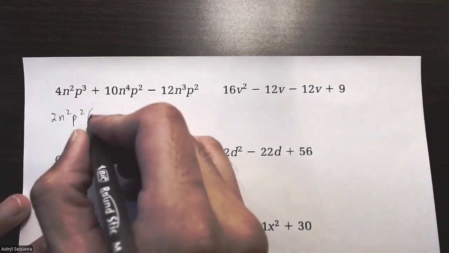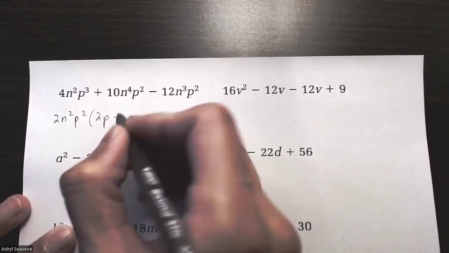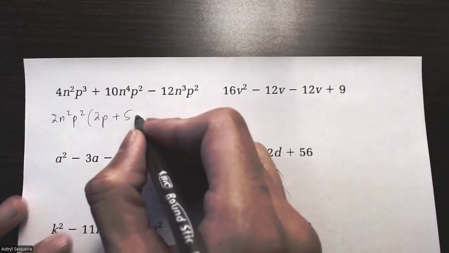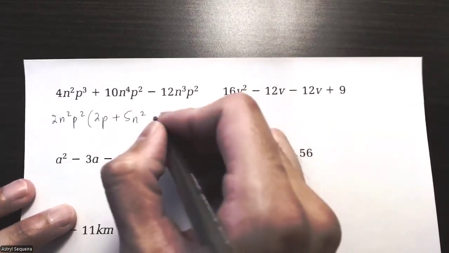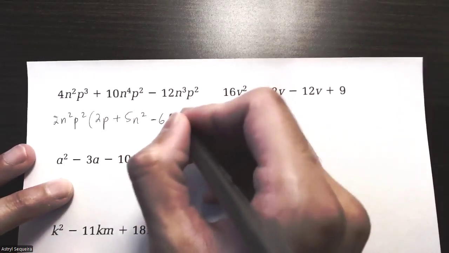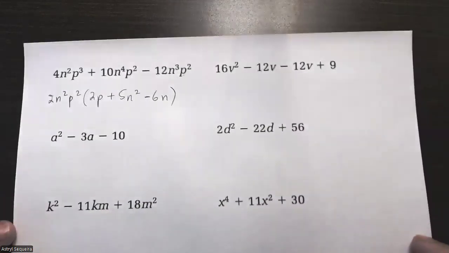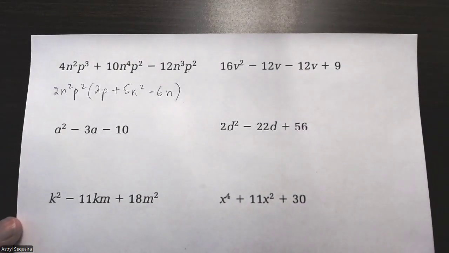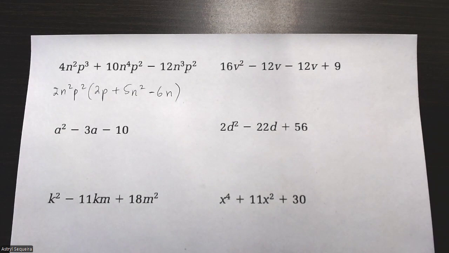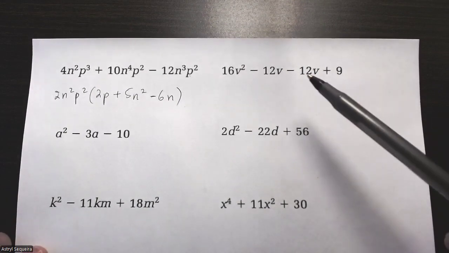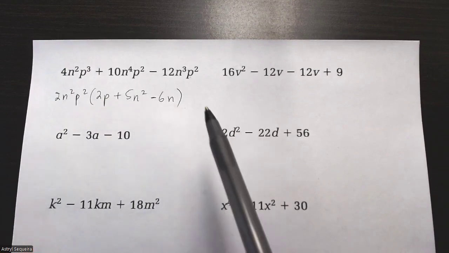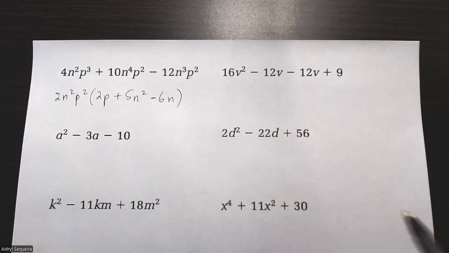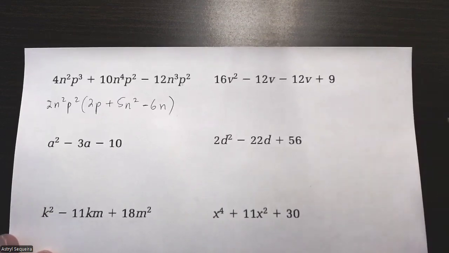So over here, I'll just be left with 2p plus 5n squared minus 6n. And if I make any mistakes in this video, feel free to let me know in the comments. So that one over there is completely factored because I can't factor the inside anymore. There's no trinomial over there, so that question is complete.